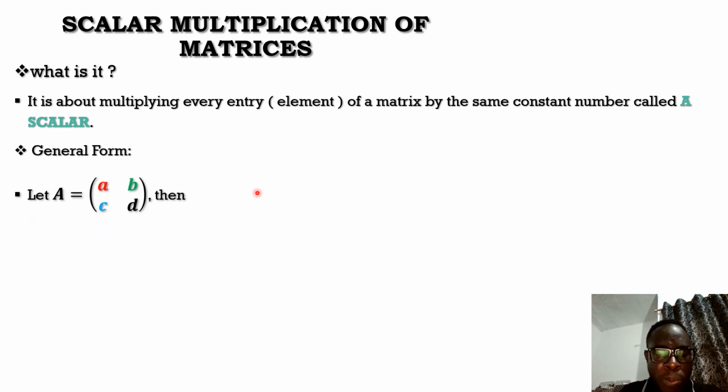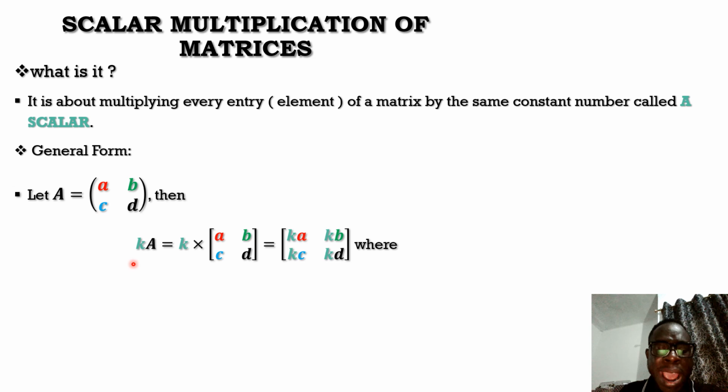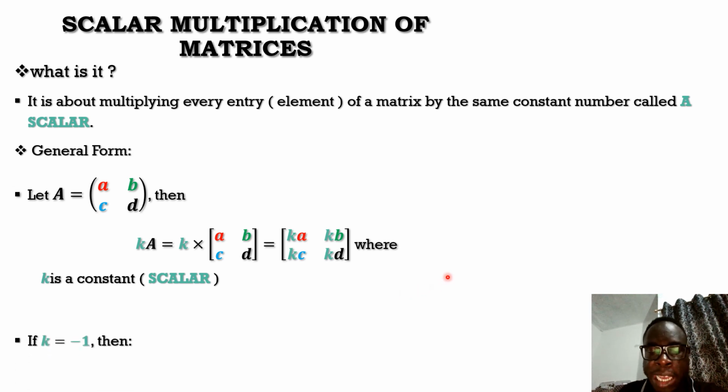So in general form, if a matrix A is equal to a, b, c, d, then kA, where this k is representing the scalar, means that k is multiplying matrix A. And this k will multiply each of the elements or the entries of the matrix. So we are going to end up with ka, kb, kc, and kd, where this k is a constant known as a scalar. So that is the secret under scalar multiplication.